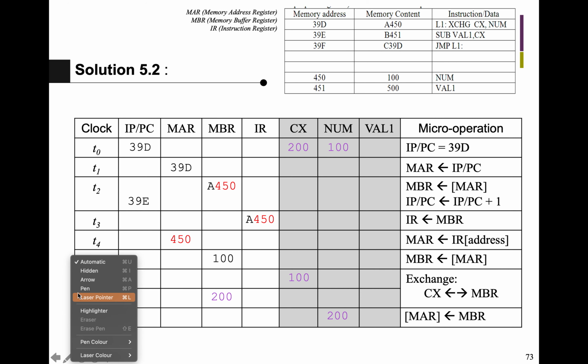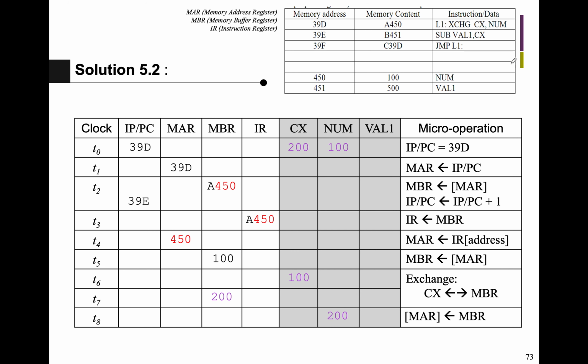Over here you can see first of all the initial value, which is 39D, and you will put it into your IP or PC, and your IP will be put into your MAR. Your value is similar.